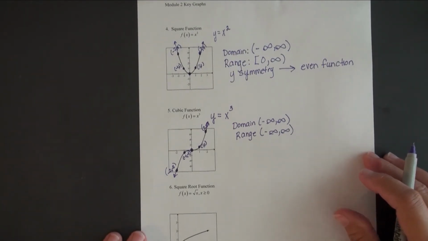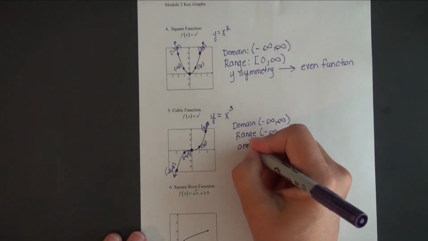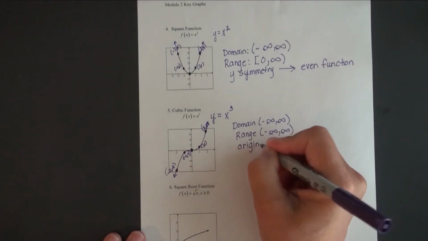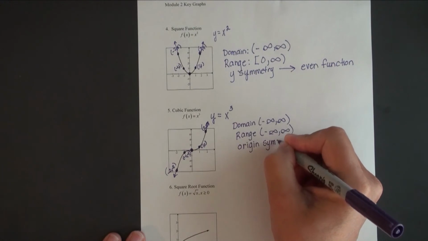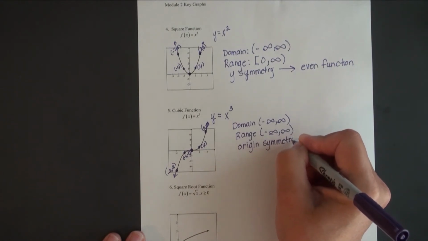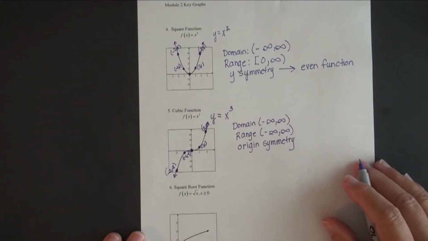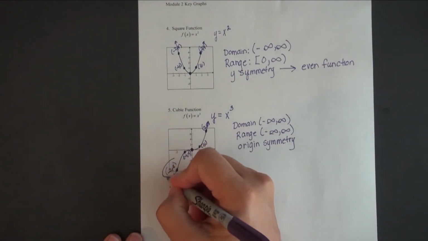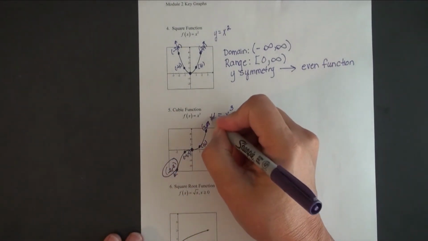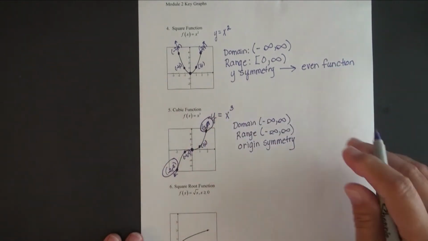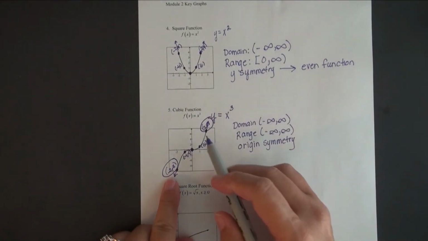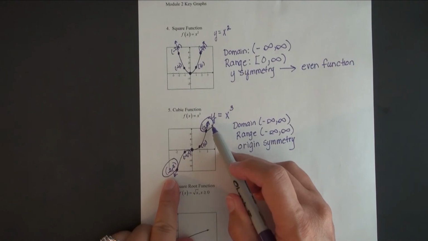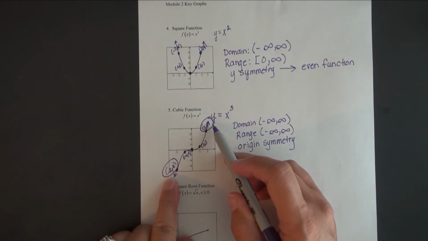Now this particular graph is what we call origin symmetry. And the way that you can tell if something has origin symmetry is because if you look at the coordinates of the points, we see that negative 2, negative 8 and 2, 8 are the same numbers with opposite signs.